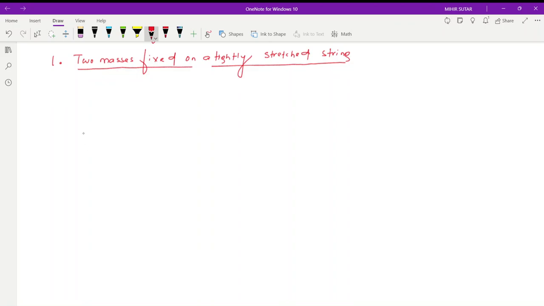we have a string fixed on both sides. On the string we'll consider two masses. Let's say M1 and M2.